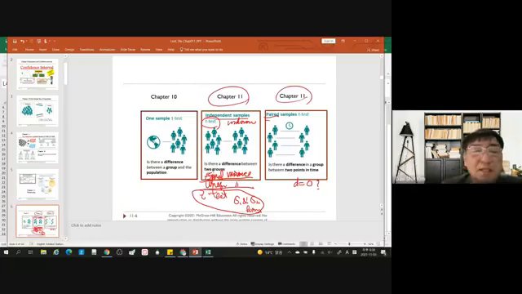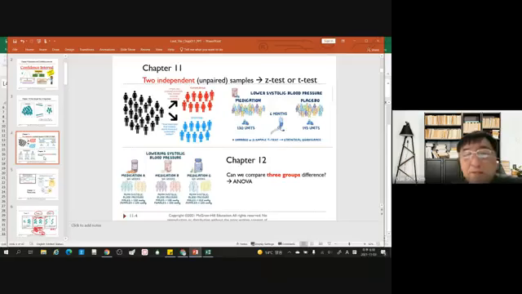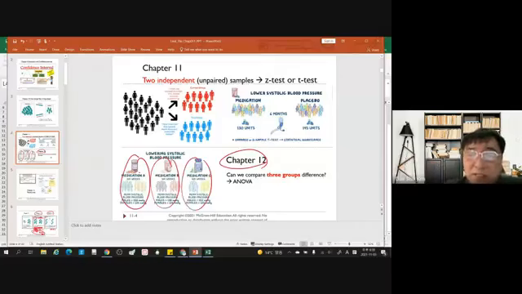The next one, which I have mentioned, is chapter 12. Next week is three groups: group 1, group 2, group 3. In COVID-19, for example, which vaccine: Pfizer, Moderna, Janssen, AstraZeneca, or a Chinese brand.